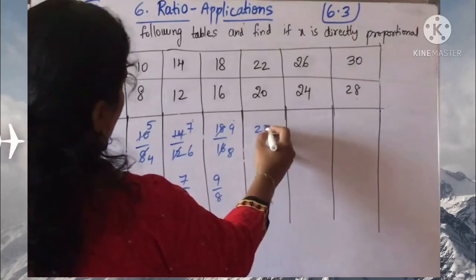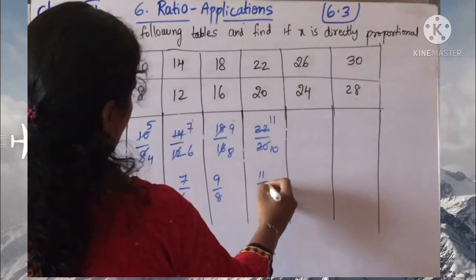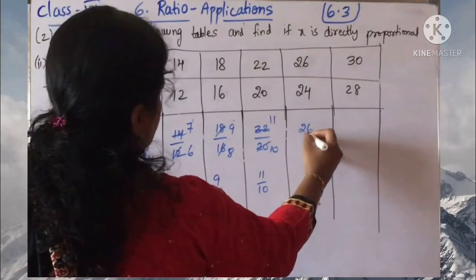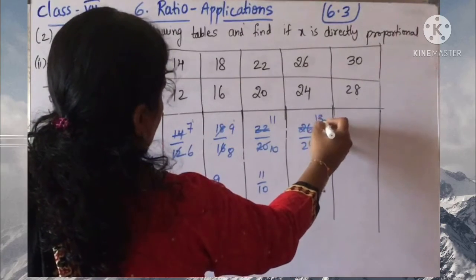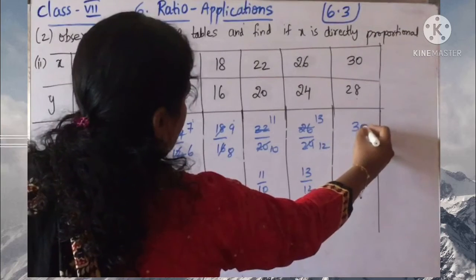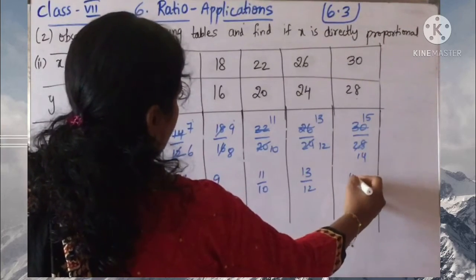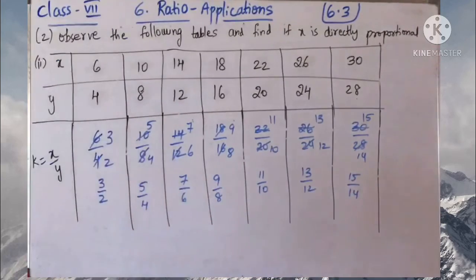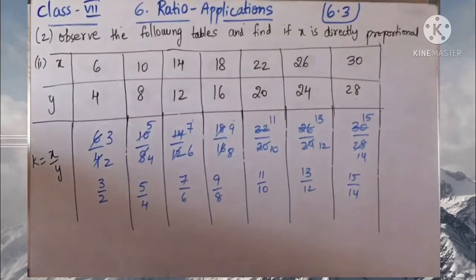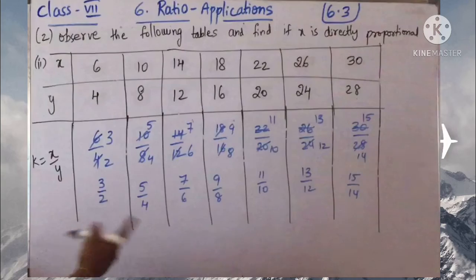Coming to here, 22 by 20. 2 11s are 22, 2 10s are 20, so 11 by 10. And 26 by 24, 13 by 12. And 30 by 28. 2 15s are 30, 2 14s are 28, so 15 by 14. If you see here, the value of x by y is not the same, means it is not constant in all cases, right?